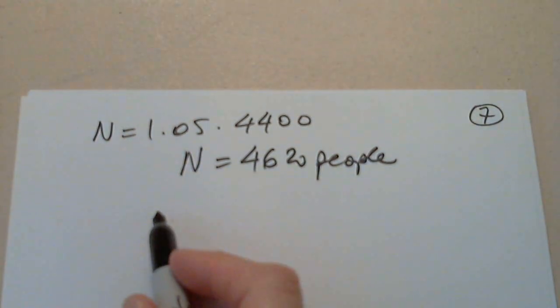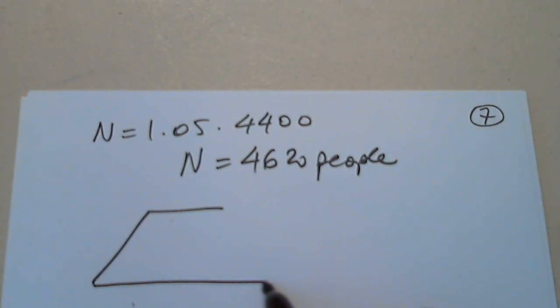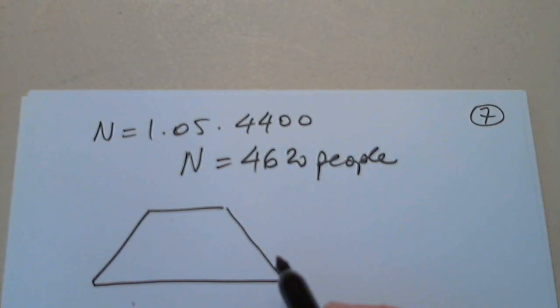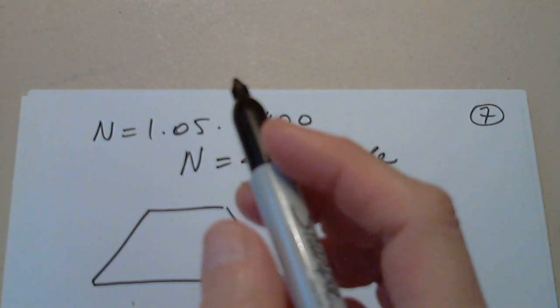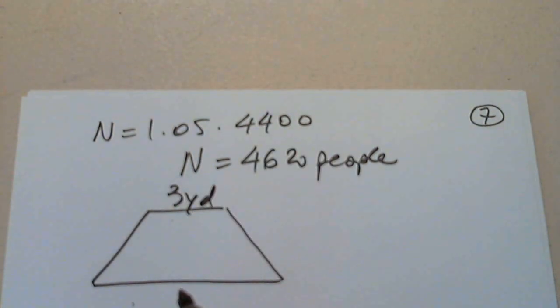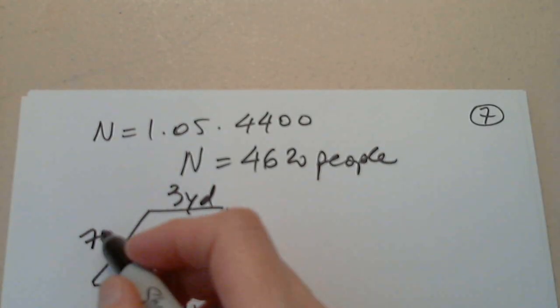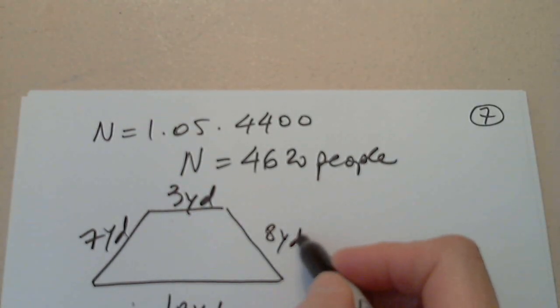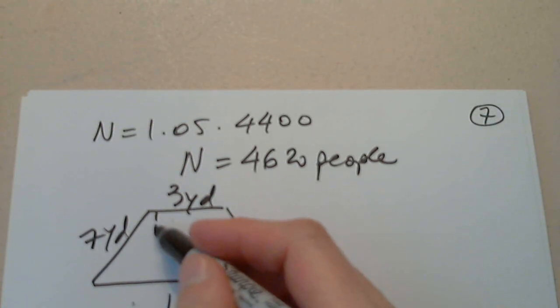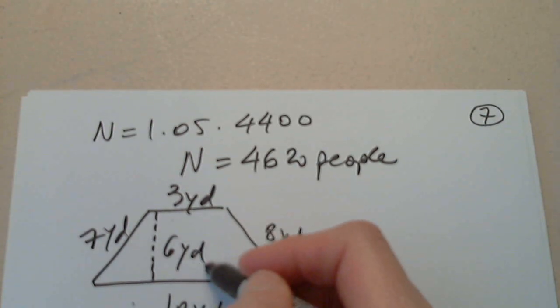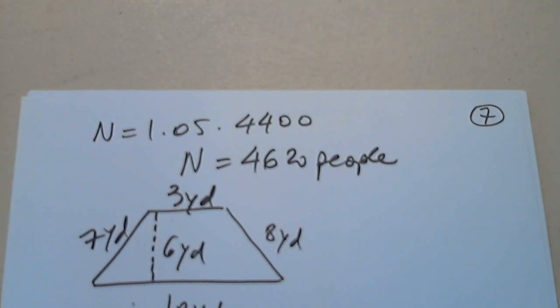Okay, so let me draw the trapezoid. We are given 3 yards at the top. We are given 10 yards in the base, the big base. We are given 7 yards. We are given 8 yards, and we are given the height, which is 6. Good. They want 2 things: the perimeter and the area.